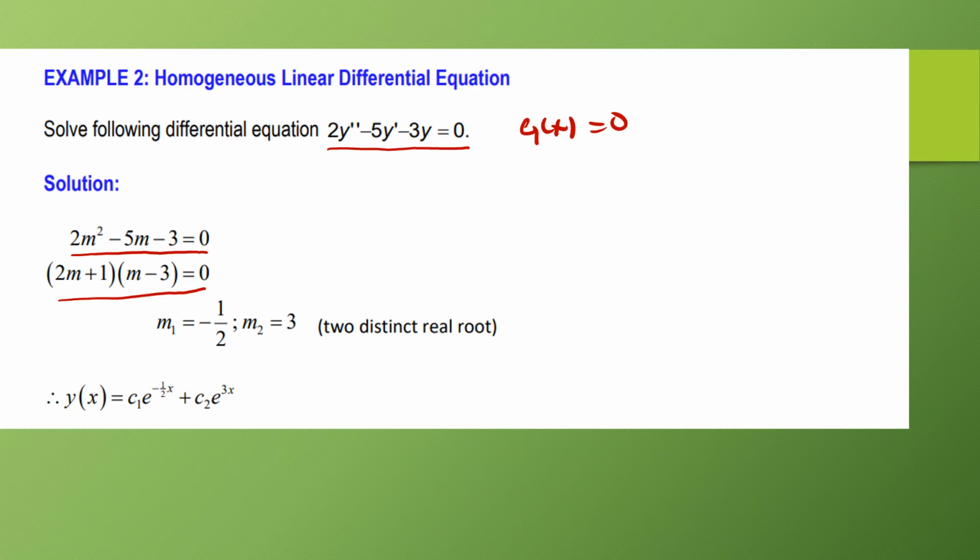So based on this equation, we identified that our m1 here is negative 1 over 2 and m2 here is 3. So here we can say that these are two distinct real roots.